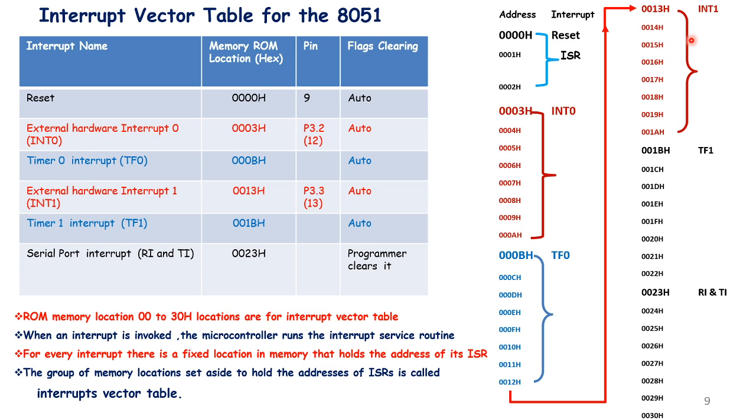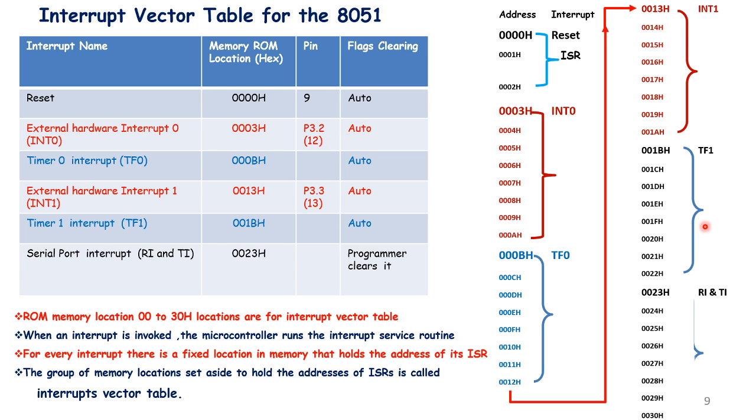Next is external interrupt INT1, having address 0013H, and this is the interrupt service routine for this interrupt. Next one is TF1, having address 001BH, with its interrupt service routine.